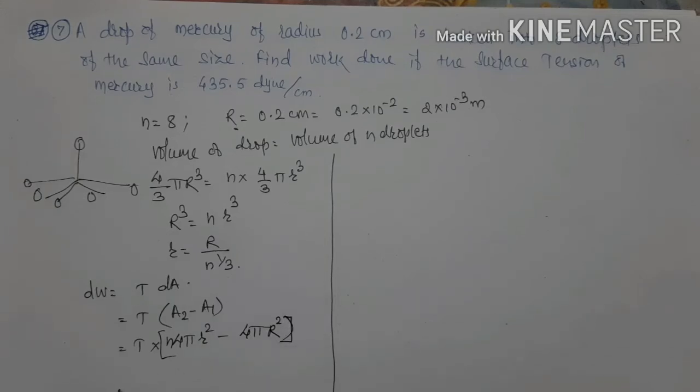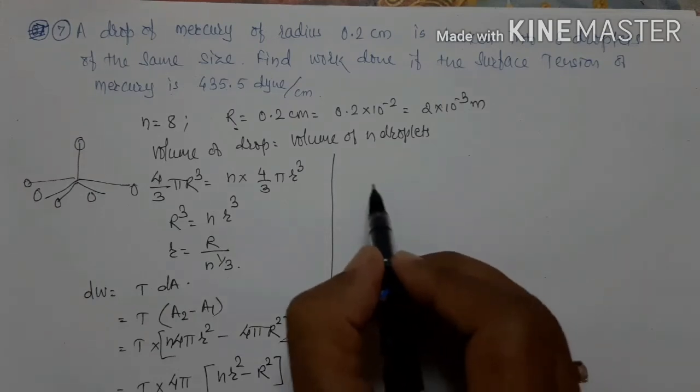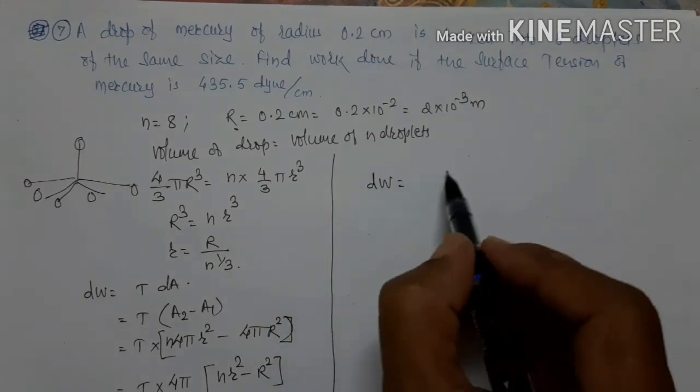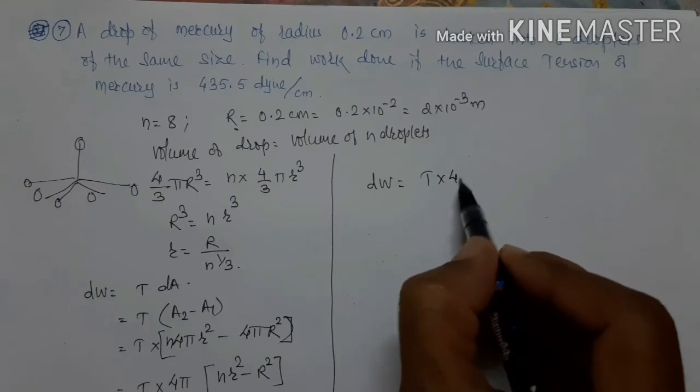Therefore, I will write it as T into 4 pi, in the bracket n into small r square minus capital R square. Therefore, work done is equal to T into 4 pi.